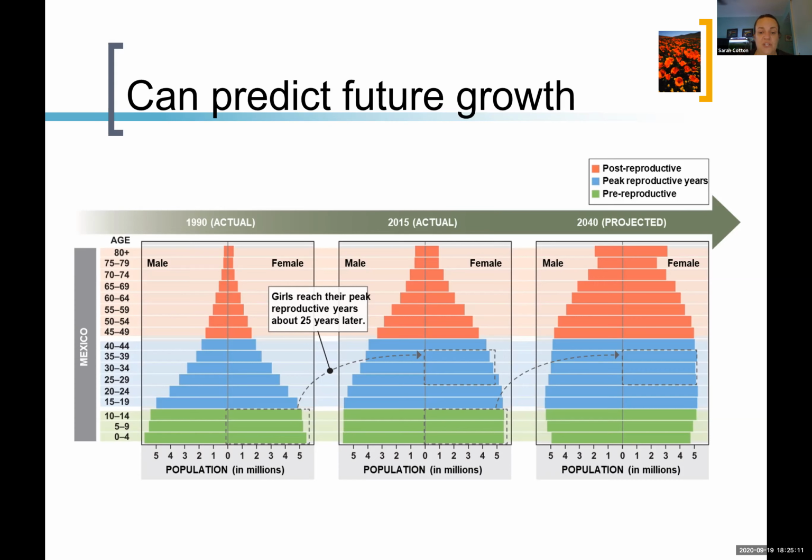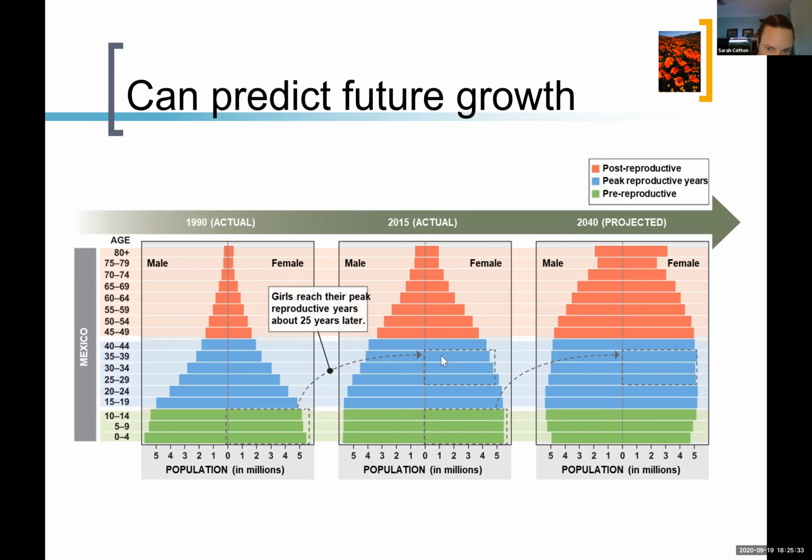So this block of females, girls, from 0 to 14, all of the girls from 0 to 14 in 1990, when it was 2015, they were now, guess what?